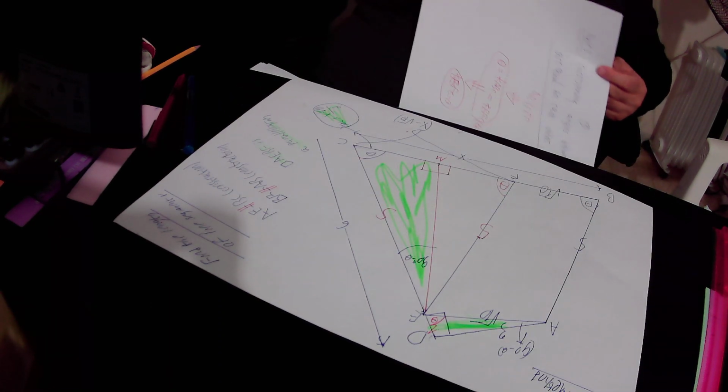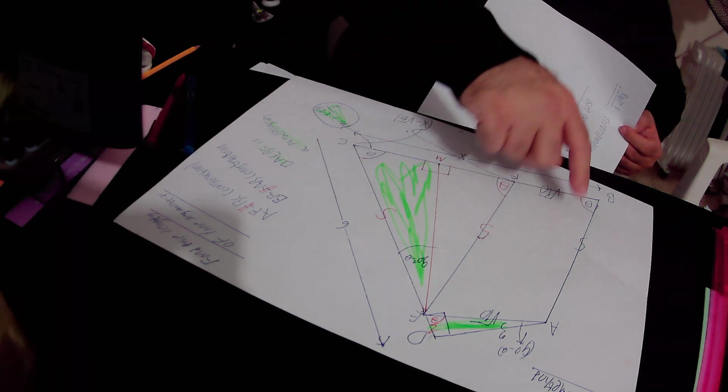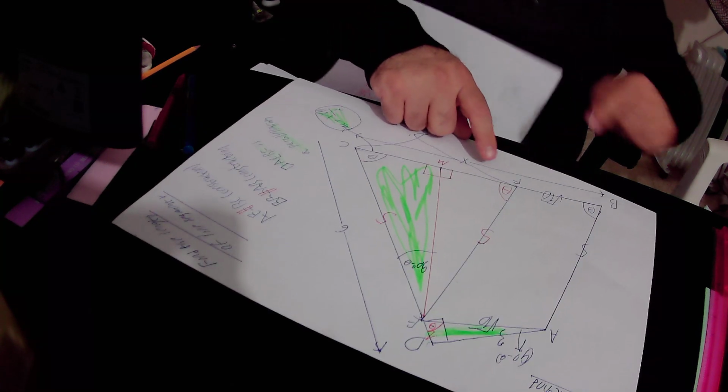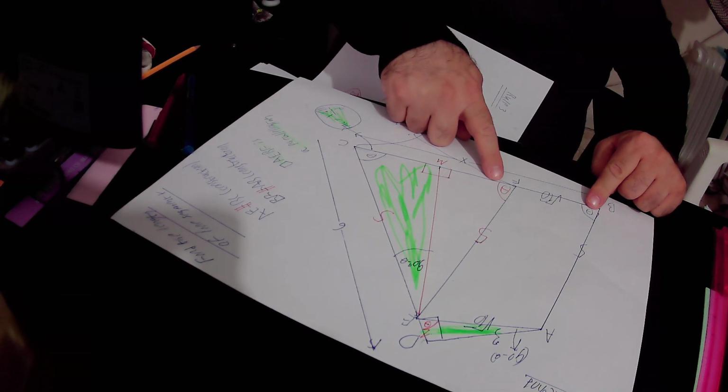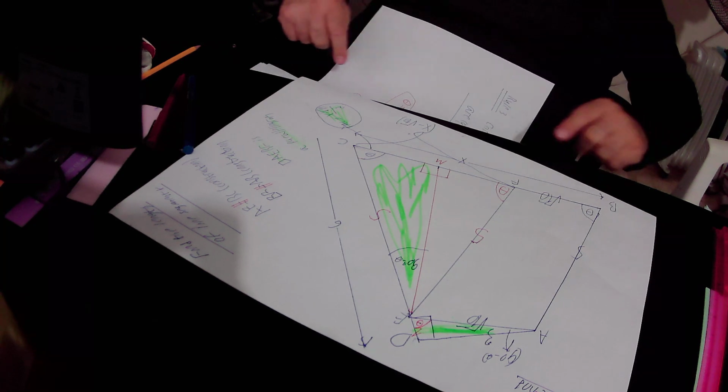So here we know that AB is parallel to EF according to our construction. Therefore, those two angles that are defined as corresponding angles, located between the parallel lines AB and EF, will be equal to each other.